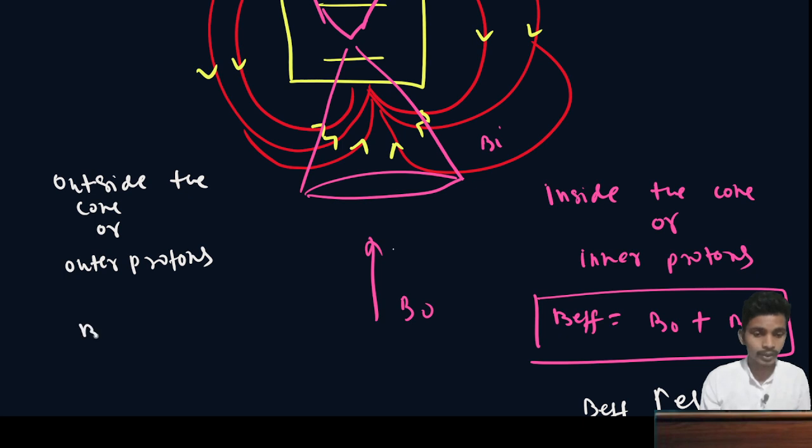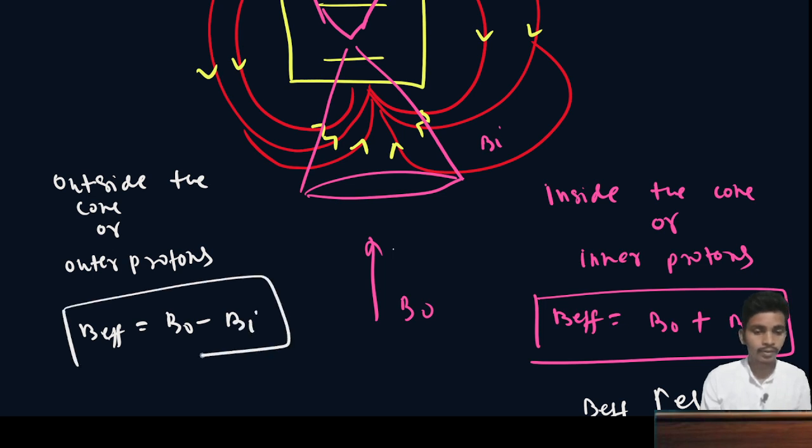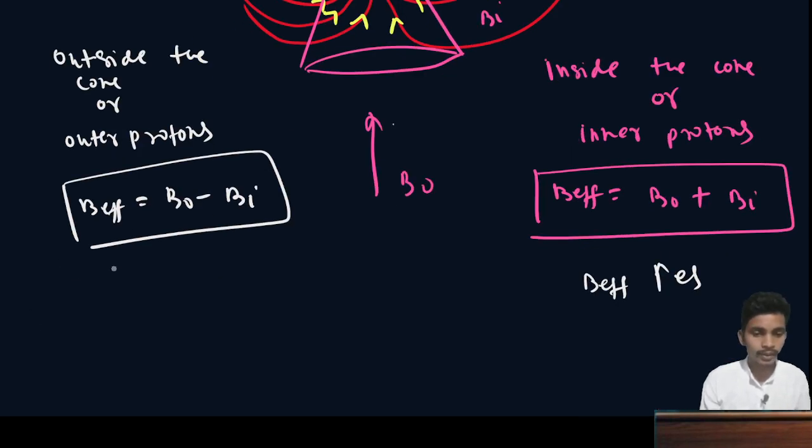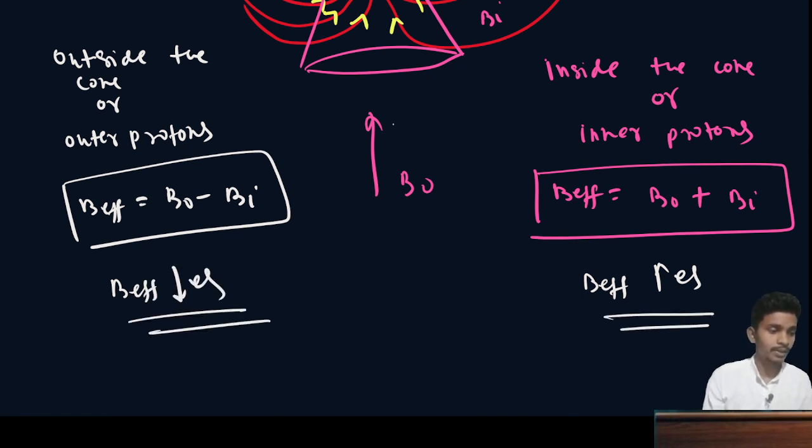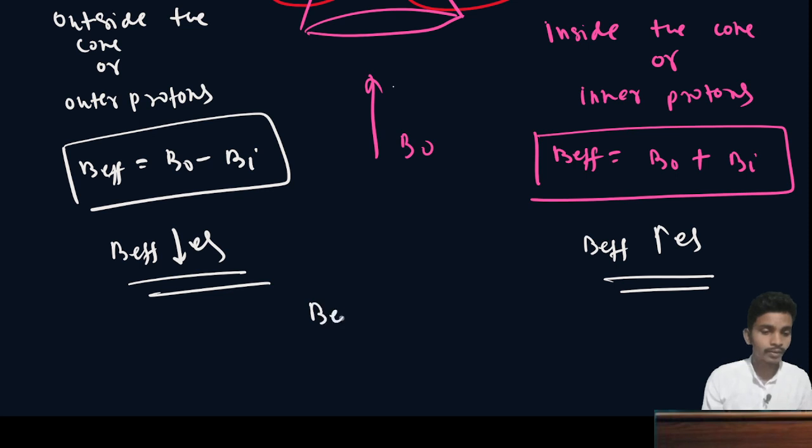It means B effective is B naught minus B induced, so B effective decreases. Here B effective increases, and we know that B effective is directly proportional to chemical shift.